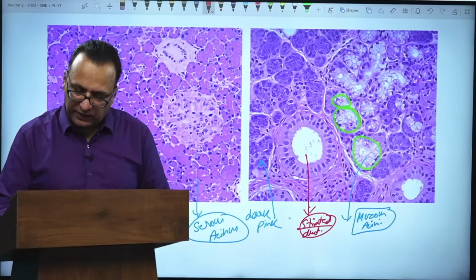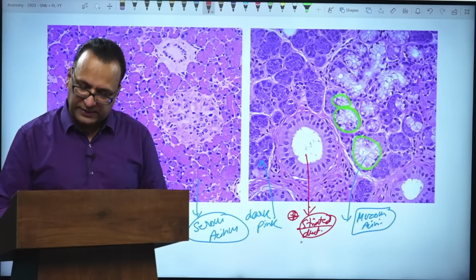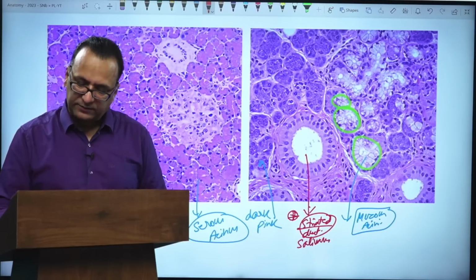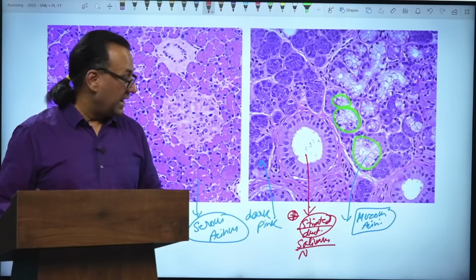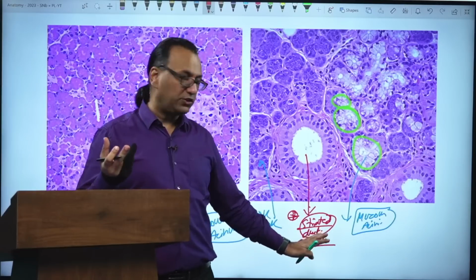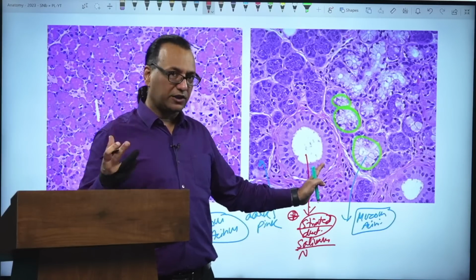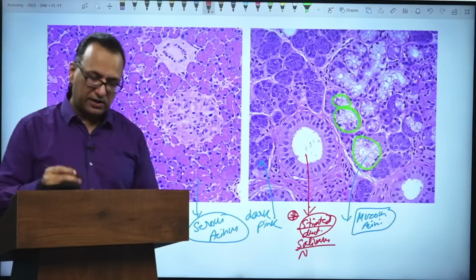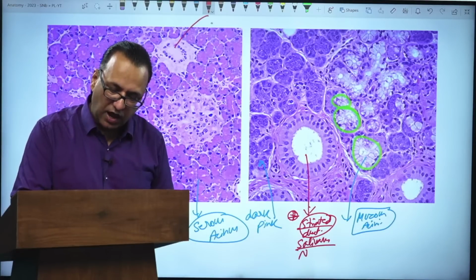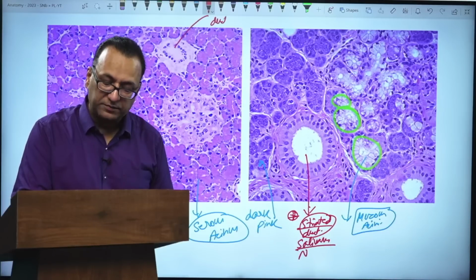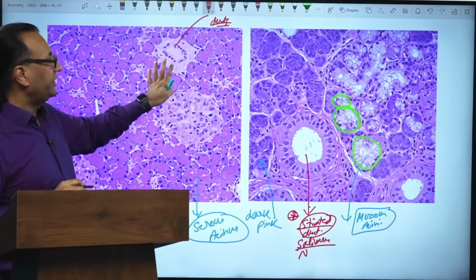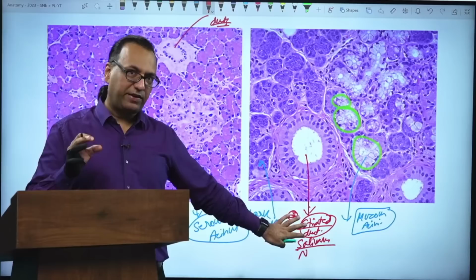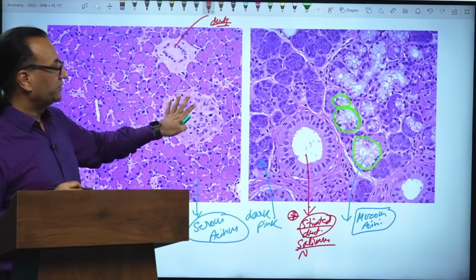So striated duct is a typical feature of the salivary gland involved in some ion transport and important for saliva formation. You don't have striated ducts in the pancreas. In pancreas, the ducts are not striated. Striated ducts are a typical feature only seen in salivary glands versus the pancreas.